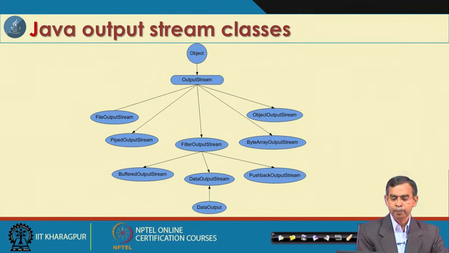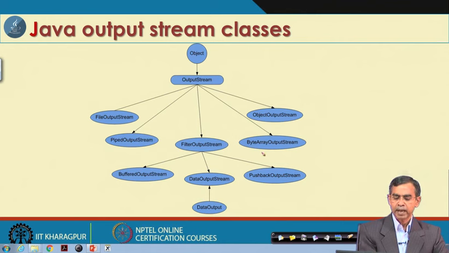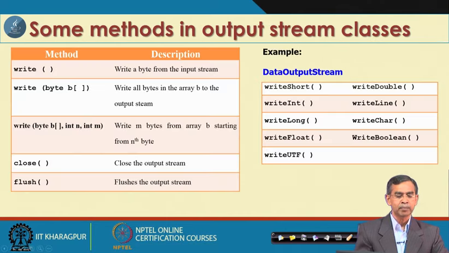For an example, if we consider byte array output stream, it basically tells how you can put some data into an array in memory. It is an example like this one. So, again there are many methods like the write method, which basically gives an idea about how we can write a byte into an output stream.